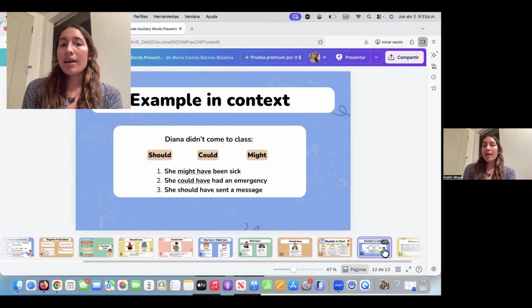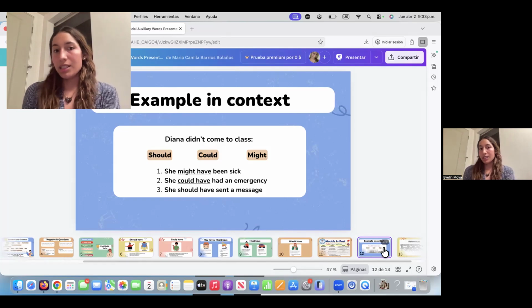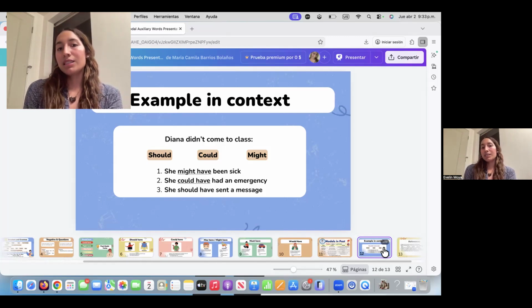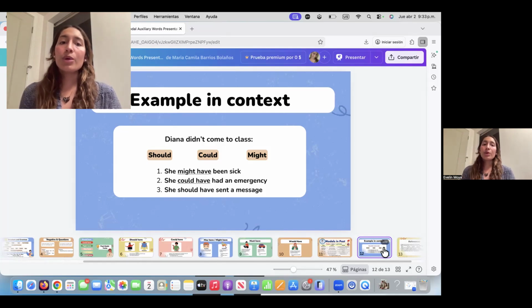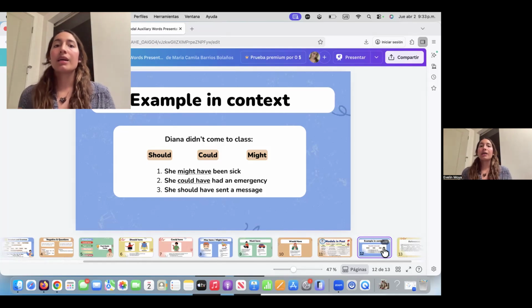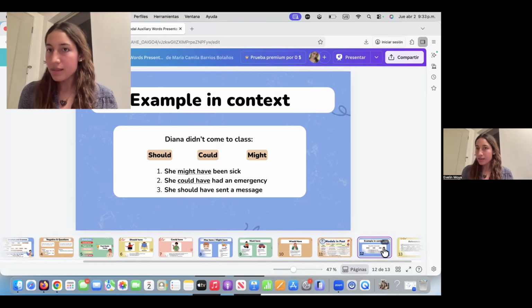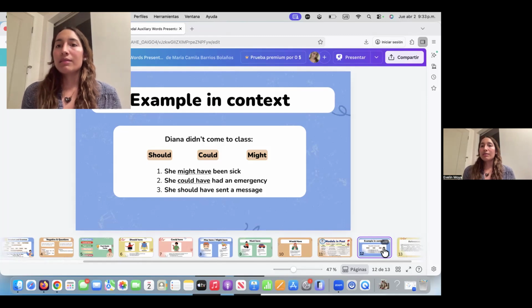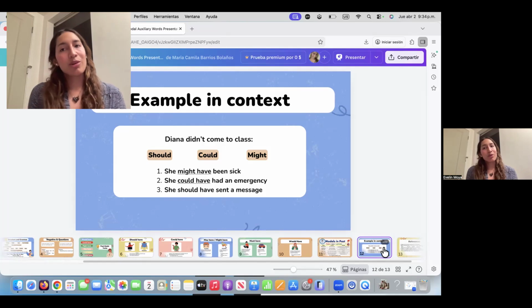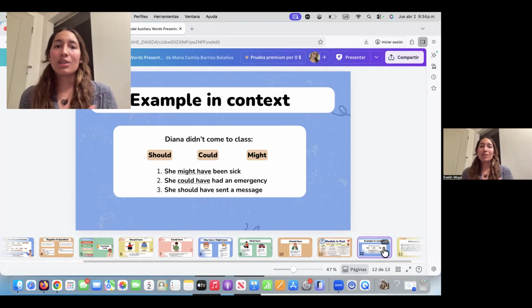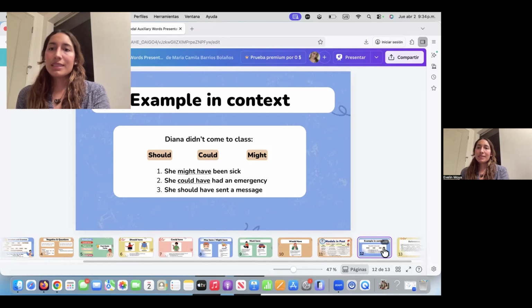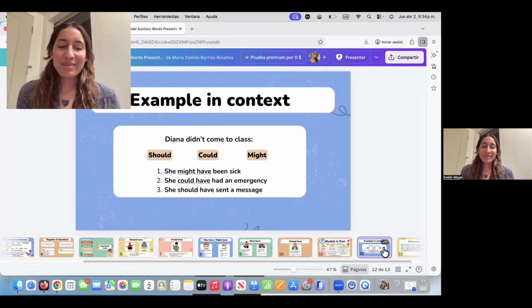She could have had an emergency. She should have sent a message. So we can use should, could, might, or must to express the same kind of thing, but in different ways, if we want to be more soft or maybe give advice. We can use the different types of past modals.